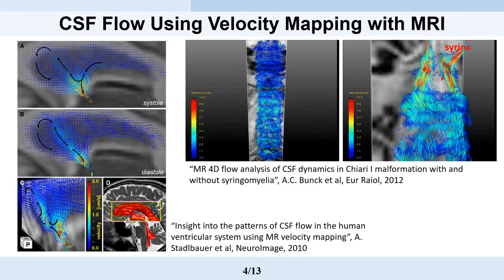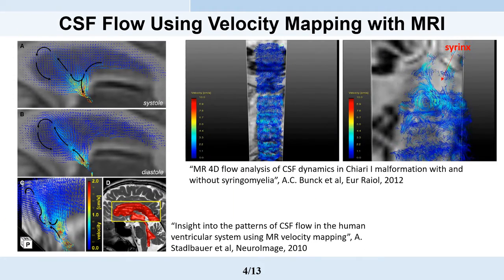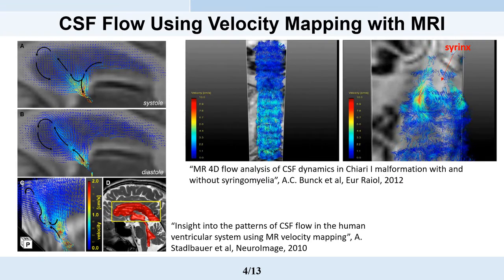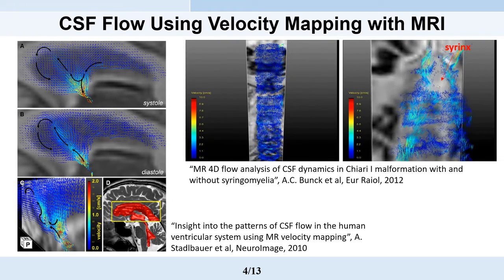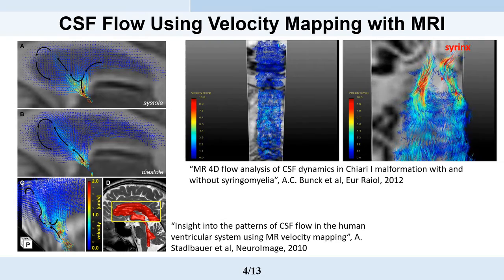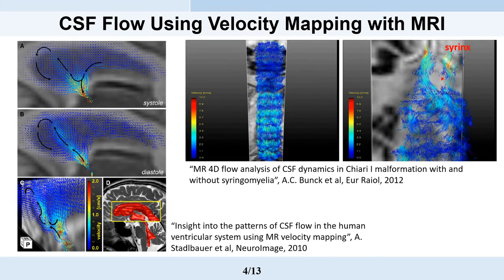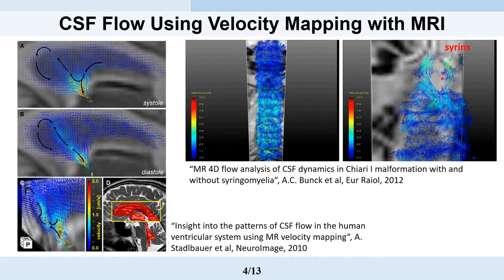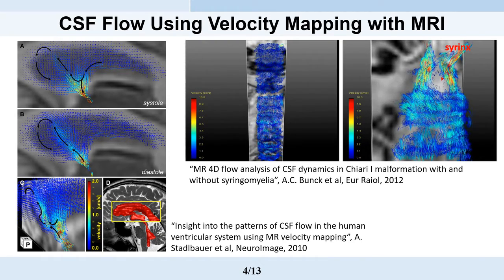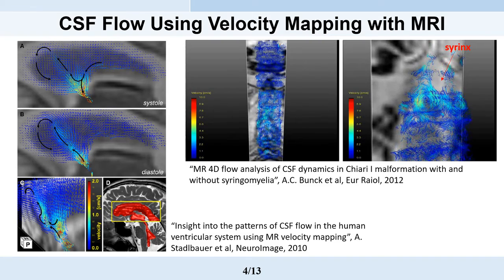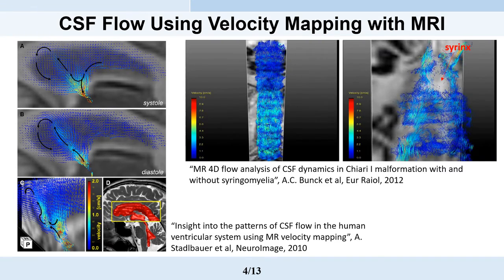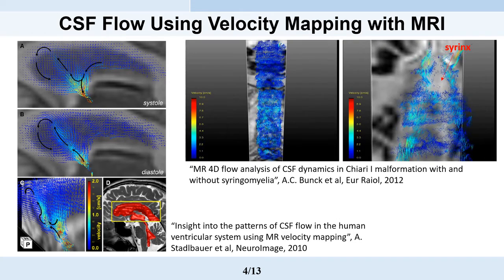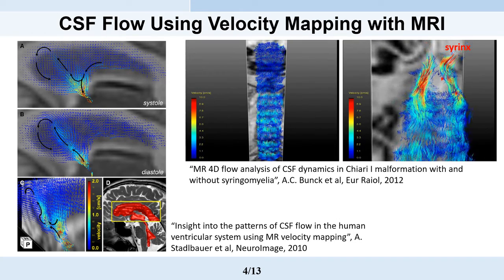So the quantification of CSF flow is necessary for a better understanding of the physiology and pathophysiology of CSF dynamics. It may also assist in diagnosis and treatment guidance of CSF-related disease. For this purpose, flow MRI has been a useful technique to visualize the flow field and to investigate the effect of abnormal CSF flow on neurological disease.